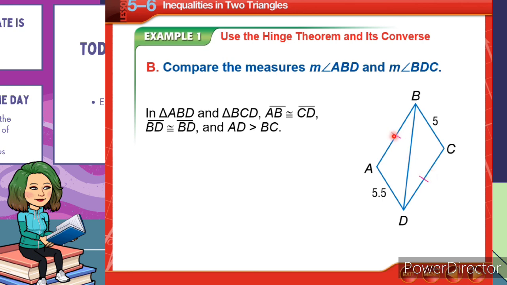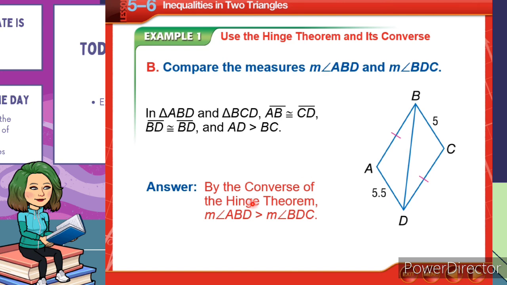They have the same measure. BD, ayan, may diagonal tayo. BD is of course congruent to itself by reflexive property of congruency. Then, AD with measure of 5.5 is greater than BC, which measures 5. So, mas mahaba ang sukat ni AD ng 0.5 compared kay BC.